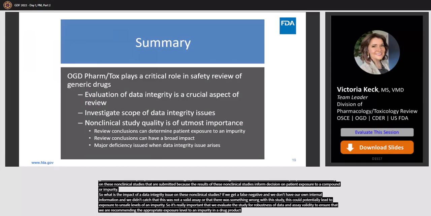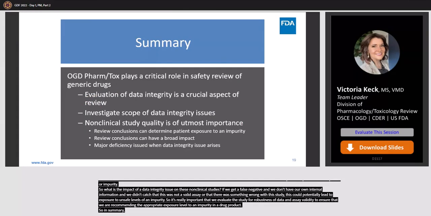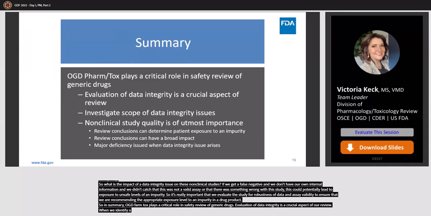So in summary, OGD PharmTox plays a critical role in safety review of generic drugs. Evaluation of data integrity is a crucial aspect of our review. When we identify data integrity issues, we do investigate the scope of them. And ultimately, non-clinical study quality is of utmost importance.